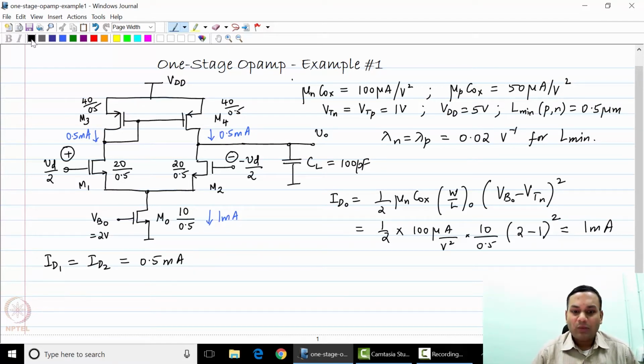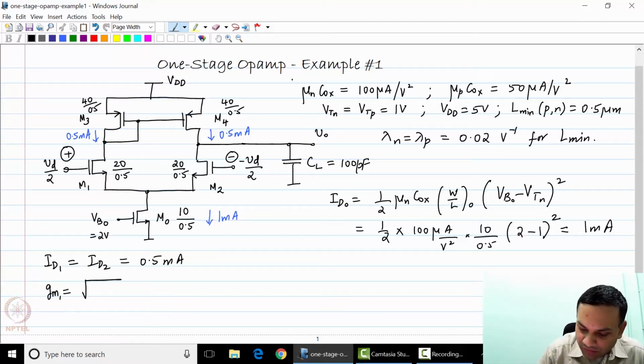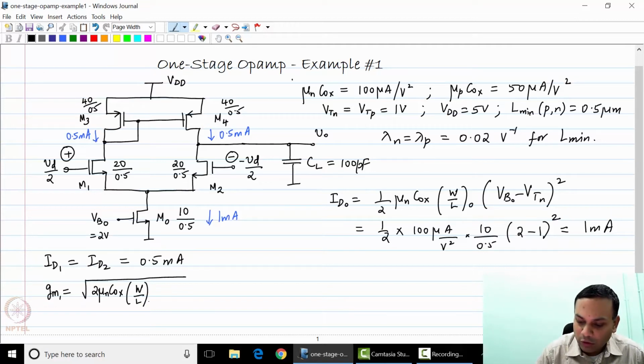Based on this, we can calculate the value of the GMs of the different transistors. So let us calculate the value of GM1. GM1 is root of 2 mu N Cox W over L1 into ID1.